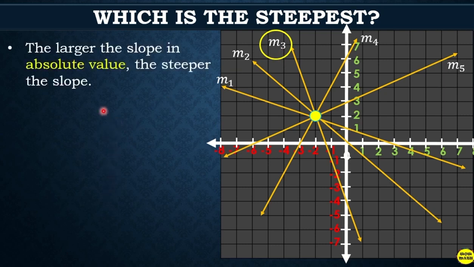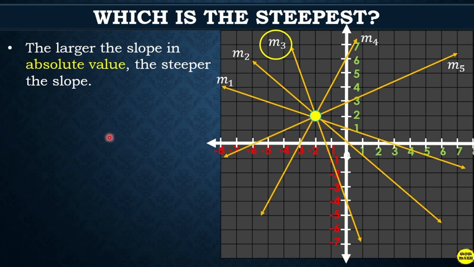Okay? So, remember, that the larger the slope in absolute value, the steeper the slope. So, kapag daw siya ang pinakamataas na value, after mong kunin yung absolute value, siya yung pinaka-steep. Okay? So, kung halimbawa hindi given itong mga lines na to at given ang slope, makukuha pa rin natin yung kung alin ang pinaka-steep. Okay?